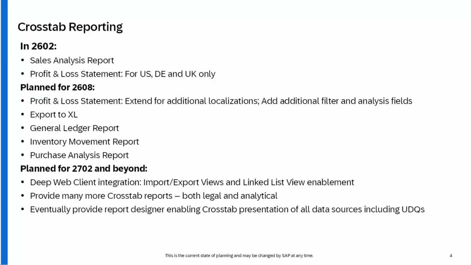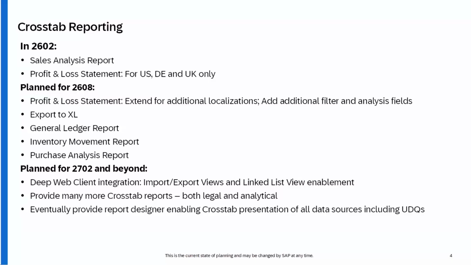And beyond 2608, for plan for 2702 and beyond that, we want to start more deeply integrating our crosstab pattern with the general web client functionality. That involves when we've created various variants and views, we should be able to import and export them just like we can import and export in the list view.